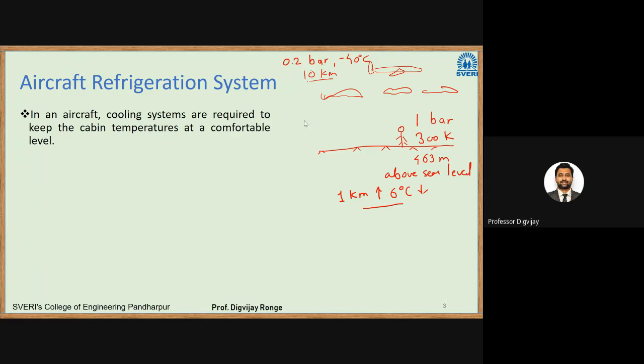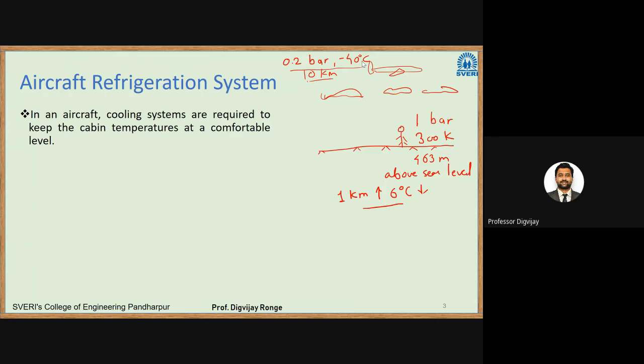In this case, what happens? We are very habituated to 1 bar and 300 Kelvin. When we go up in the sky, the conditions there are 0.2 bar and minus 40 degrees Celsius. Those who have experienced flight, or will in the future, will find that when you sit in the flight and it goes up in the air, there is some kind of pressure on your ears.